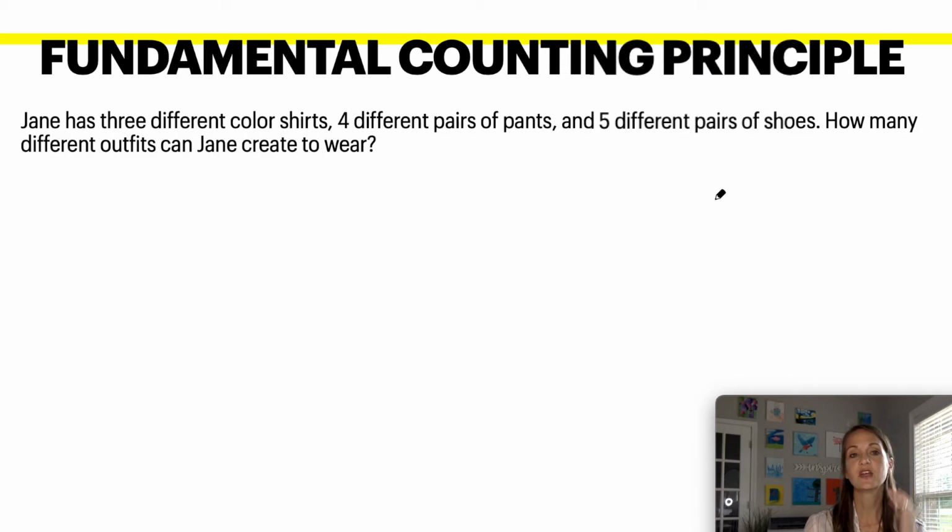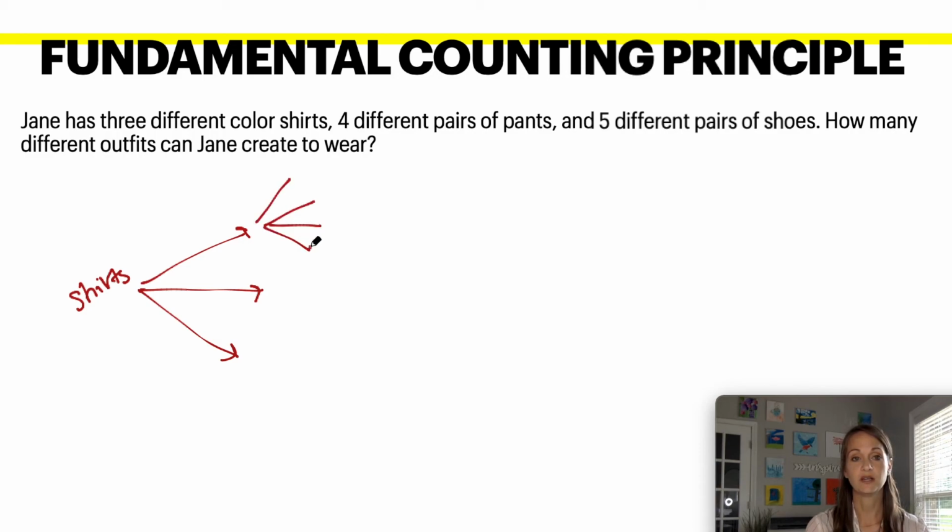Jane has 3 different colored shirts, 4 different pairs of pants, and 5 different pairs of shoes. How many different outfits can she wear? So she has 3 shirts. With each shirt, she can choose one of 4 different pairs of pants. And with each combination of those, she can choose 5 different pairs of shoes.